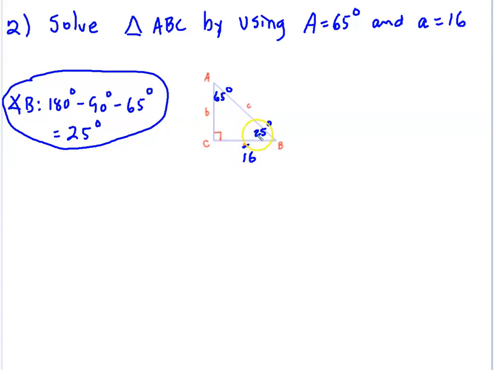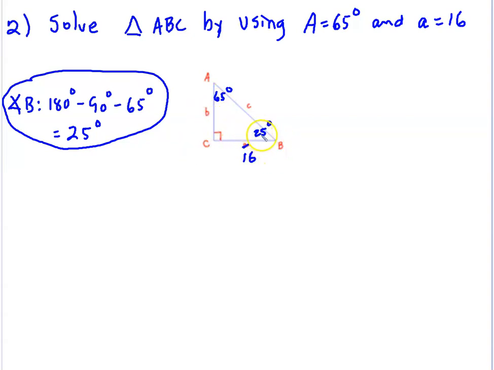So you could do tangent for the 25-degree angle. You could do the same thing up here, opposite over adjacent for the 65-degree angle. And in both cases, that would help you find side B.